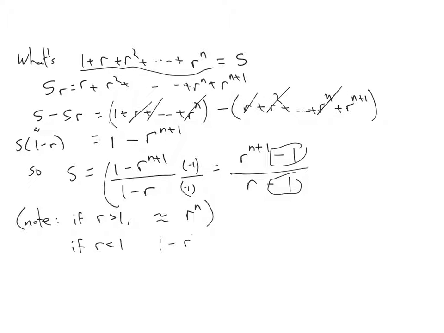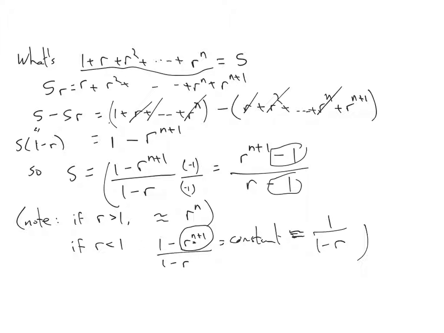It gives you 1 minus r to the n plus 1 over 1 minus r. And so this number is just some fixed number, some constant. Or I should say the limit as n goes to infinity. So as n goes to infinity, this term disappears, and it's very close for large n to 1 over 1 minus r.